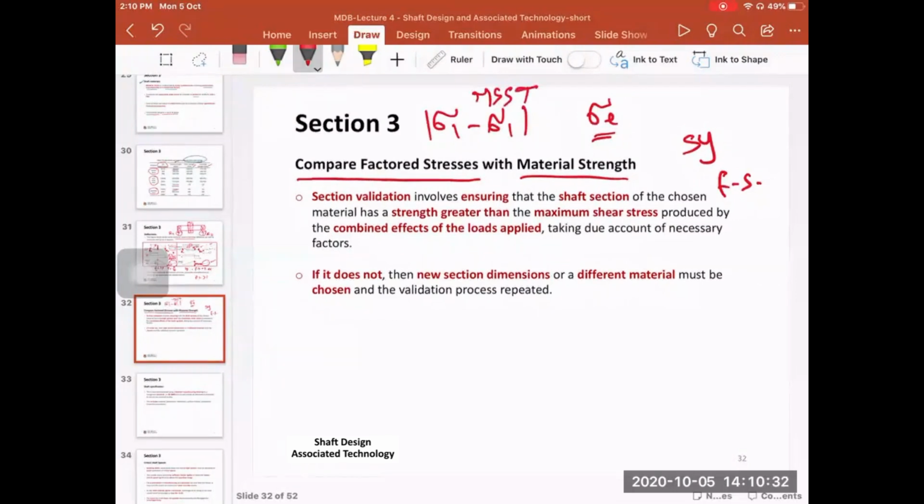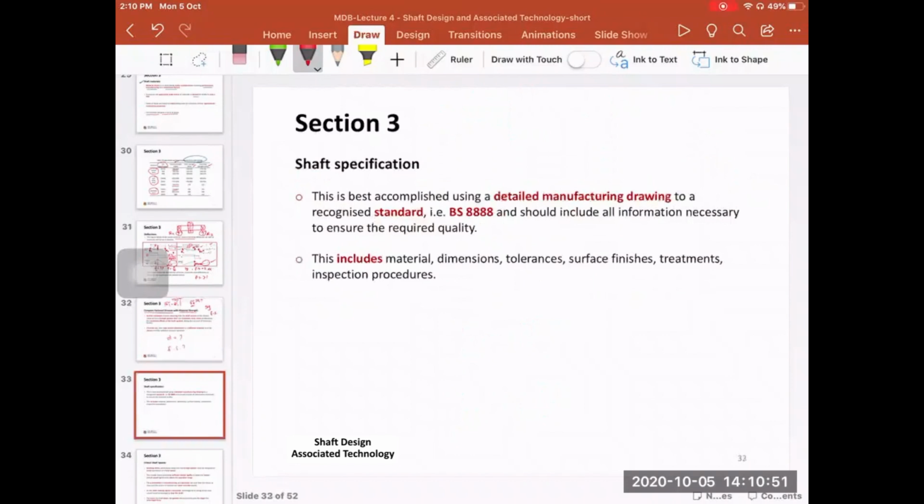And then here for the distortion energy theory, we've compared these values together, and then we came up with two equations. One is to calculate the minimum diameter, and the second one to calculate the factor of safety. So we've done this implicitly when we were doing that.